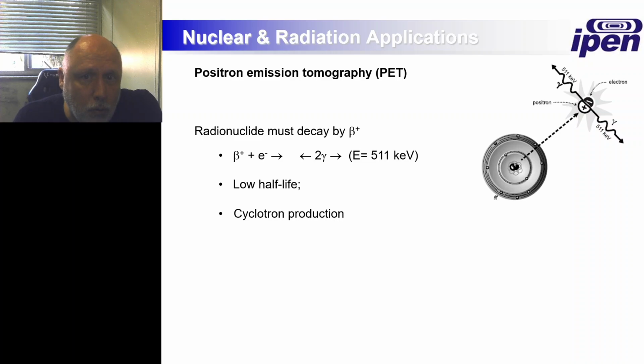And then you will have 2 500 kilo electron volt emissions, which are completely opposite to each other, right? Why are they opposite? Because if the positron had almost no kinetic energy, it had almost no momentum. The electron also had no momentum. Momentum must be 0 again, right? And the only way for it to be 0 is that both are emitted in opposite directions, right?